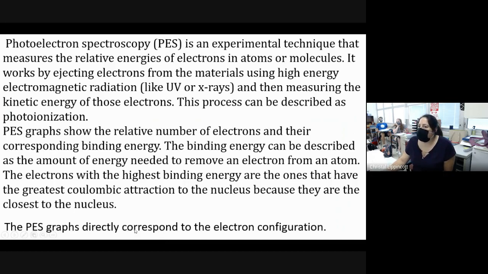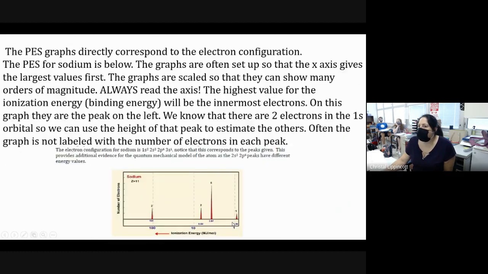These graphs then will directly correspond to the electron configuration. So the PES graphs, again, correspond to the electron configuration. This is sodium down here, okay? Now, this is called binding energy or ionization energy down here. This is how strongly these atoms are going to hold on to their electrons.